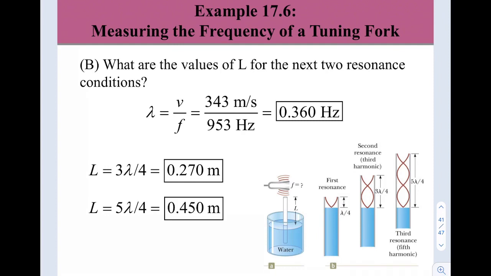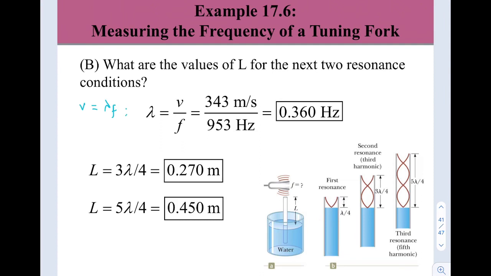B. What are the values of L for the next two resonant conditions? We make use of lambda equivalent to V over F, which actually comes from V equivalent to lambda F. So you are going to determine the lambda first. V over F is equivalent to your lambda, so it's equivalent to 0.36.